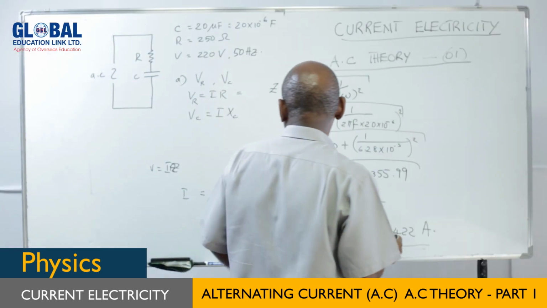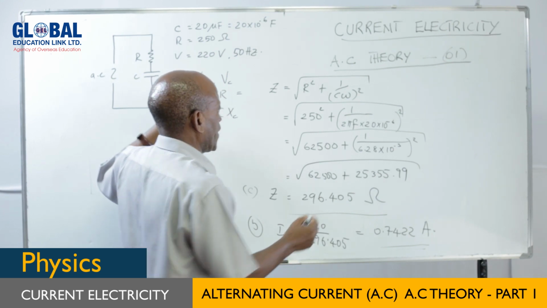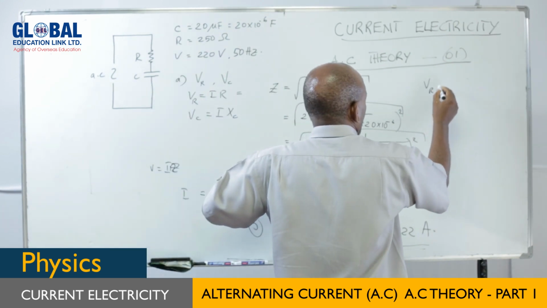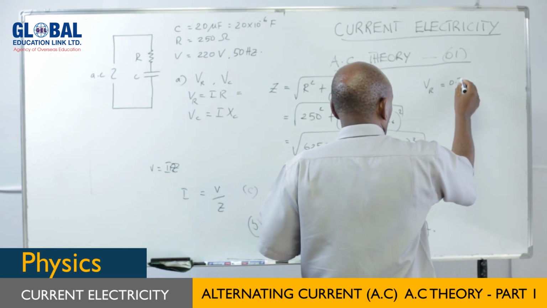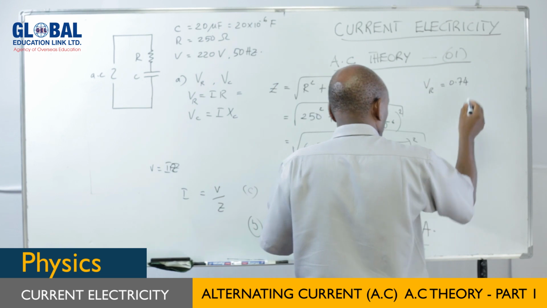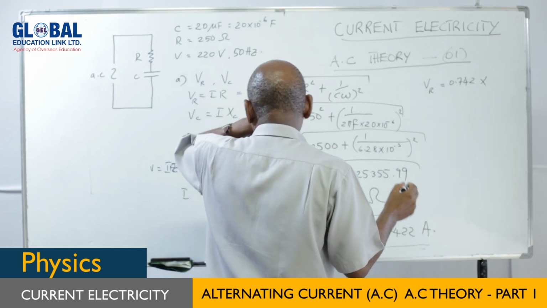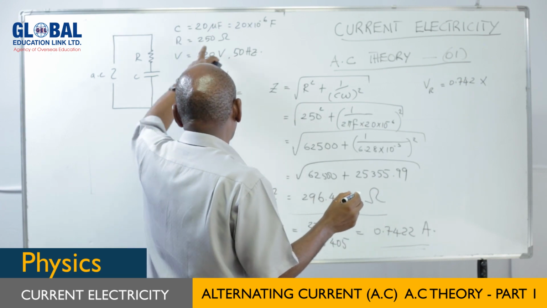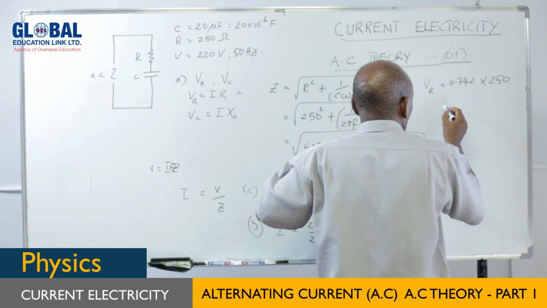The voltage is already mentioned here. The voltage through a resistor is equal to the current. Now that current is equal to 0.7422. We multiply with the resistance, which is 250.